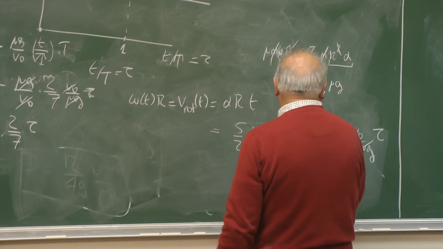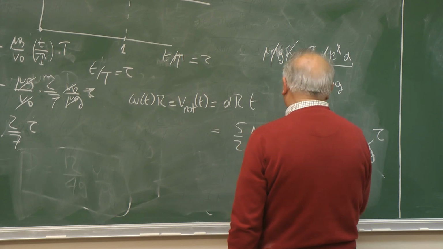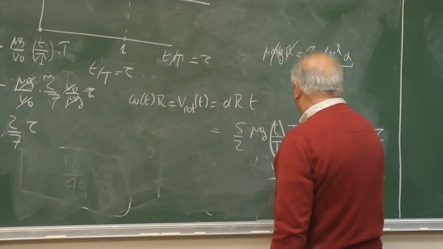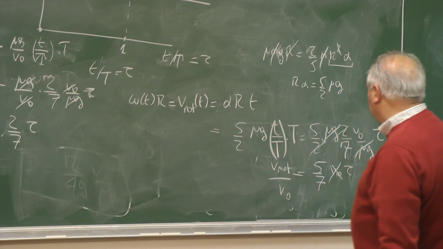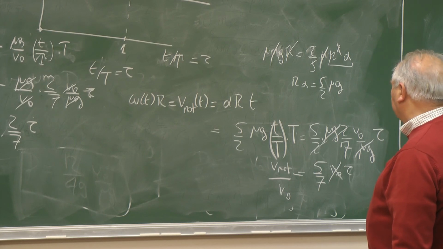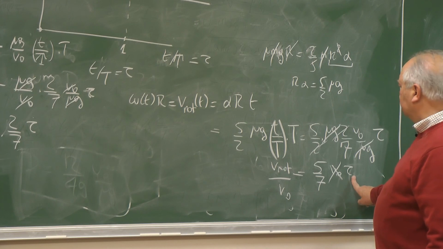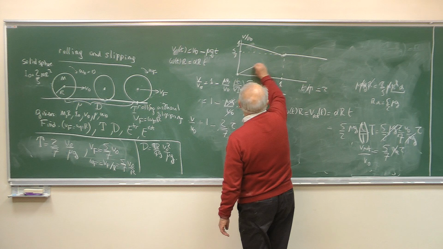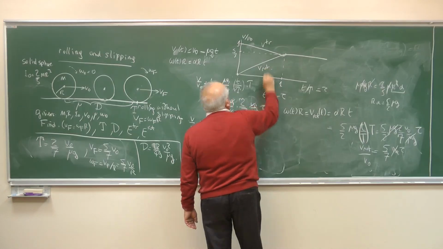So it is, as you would expect, 5 over 7 V0 tau. This is V rotational. So V rotation over V0 is simply 5 over 7 tau. So it starts from 0, goes to 5 over 7. 5 over 7 is here. So this is the V translation, this is the V rotation, if you wish.